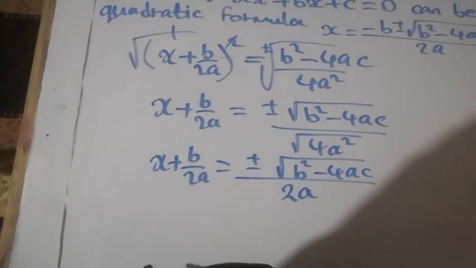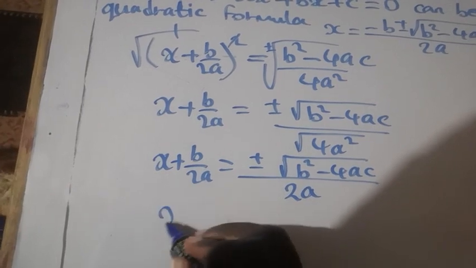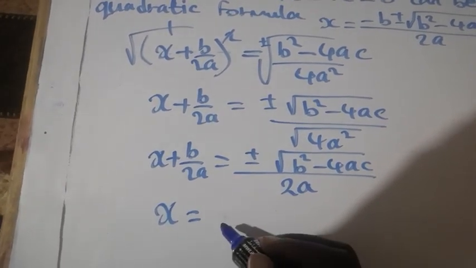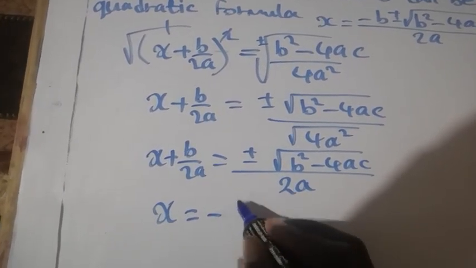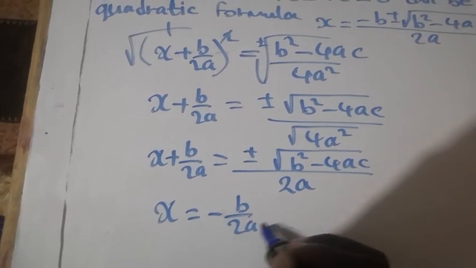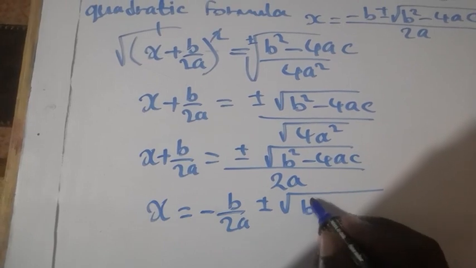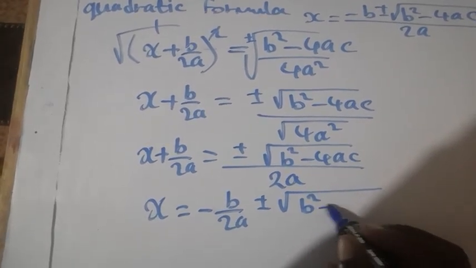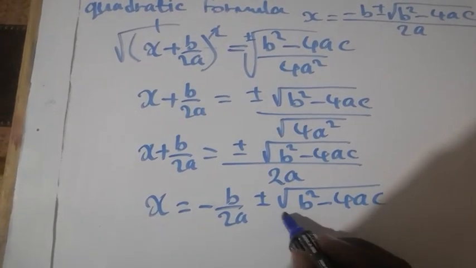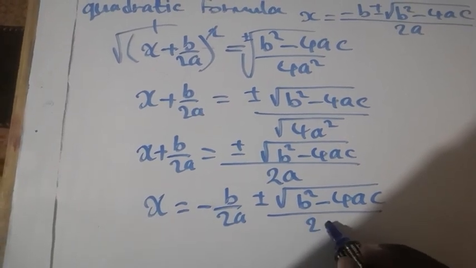Now we make x the subject of the equation by taking b over 2a to the other side, which becomes negative b over 2a, plus or minus square root of b squared minus 4ac over 2a.